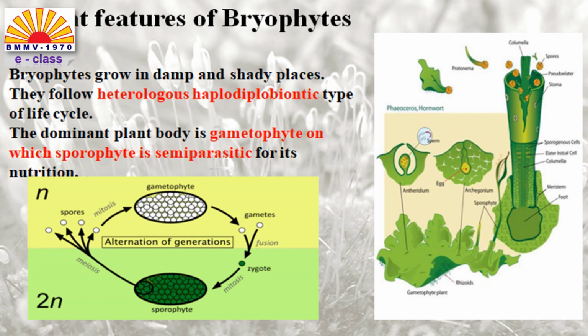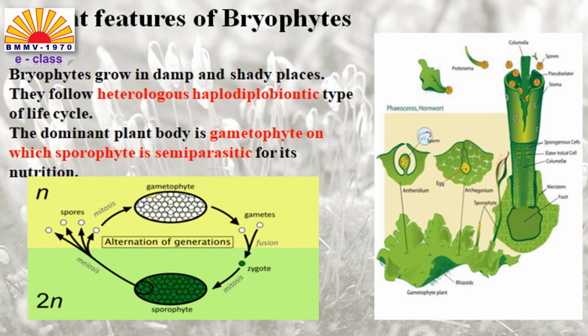Bryophytes exhibit both gametophyte as well as sporophyte. That is why they are termed as haplo-diplo biontic type of life cycles. Heterologous means both the gametophyte and the sporophyte are not morphologically similar. So, bryophytes show heterologous haplo-diplo biontic type of life cycle.